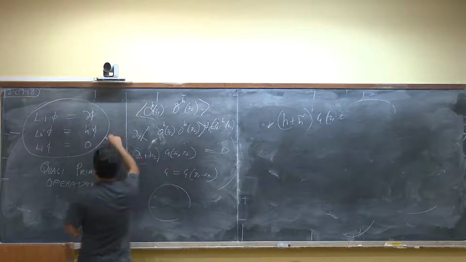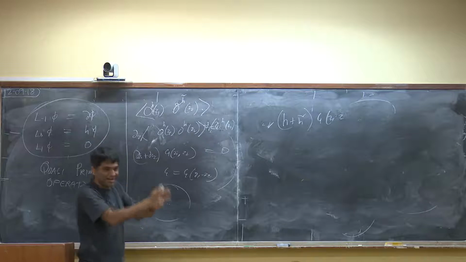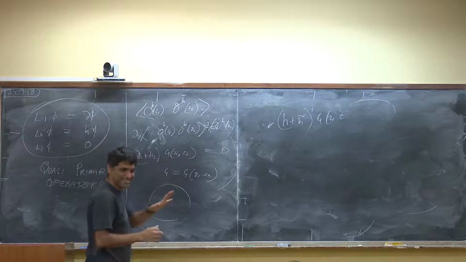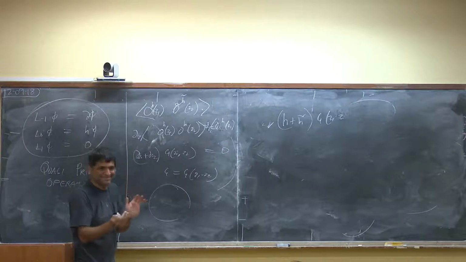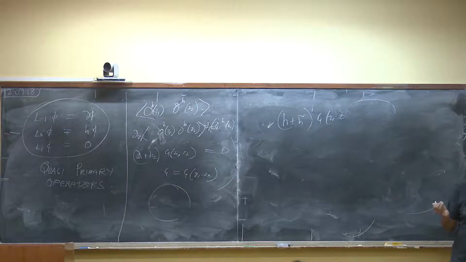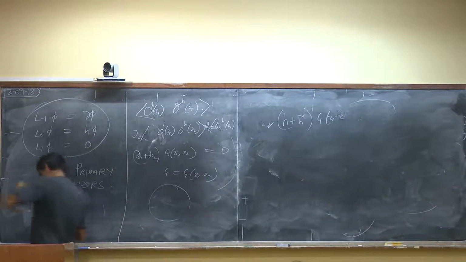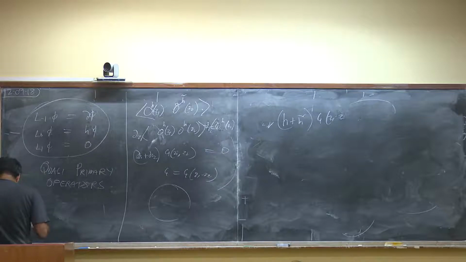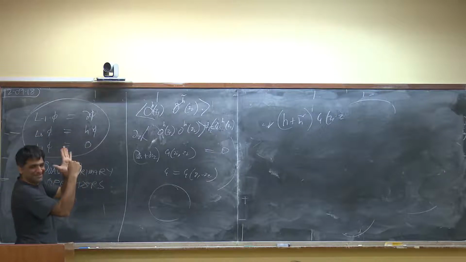Because how did something transform under one of these conformal transformations? There was this, but there was also the action on the coordinate, and that we have to take into account.